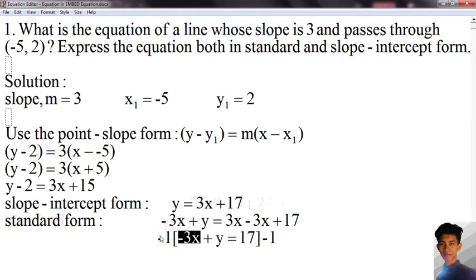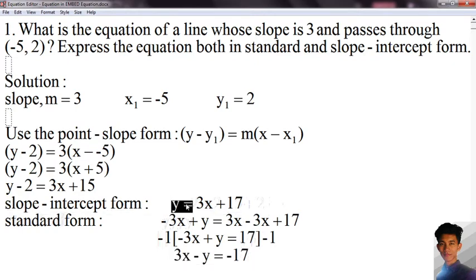So, negative 1 times negative 3x, that's positive 3x. Now, negative 1 times positive y, that is negative y. Then equal to negative 17. Yan. So, yan yung posibleng maging sagot, no? Yan. 3x minus y is equal to negative 17. Okay?